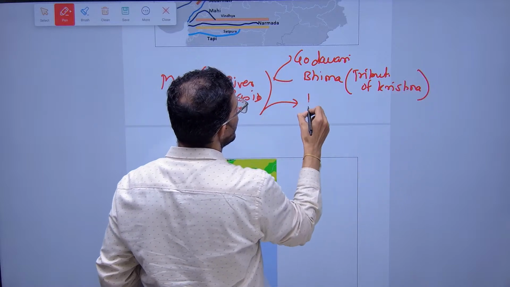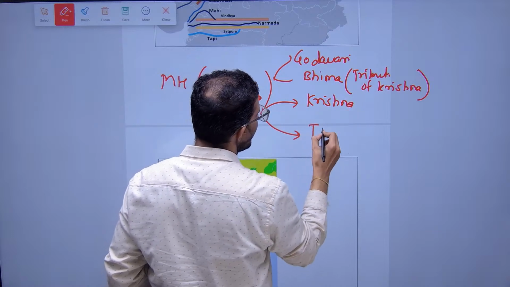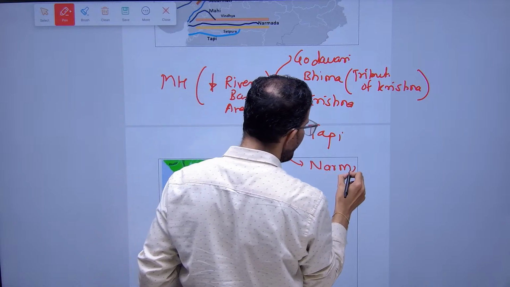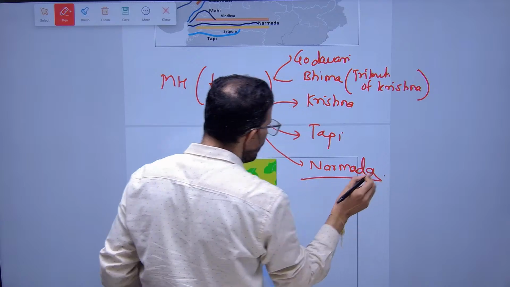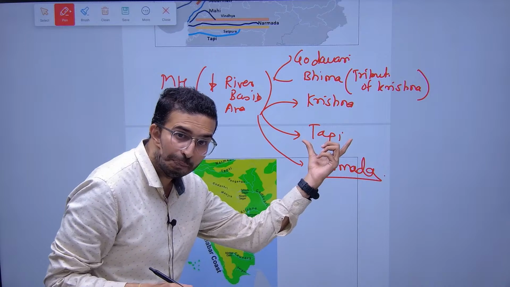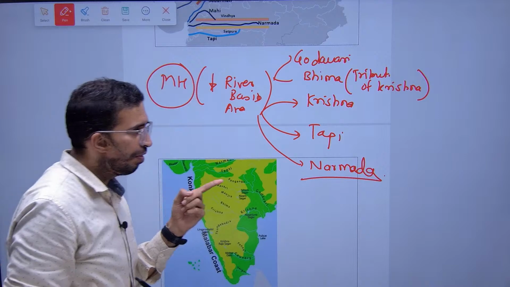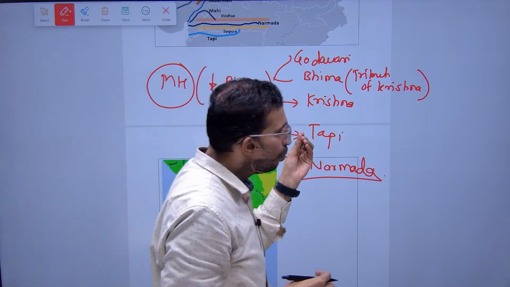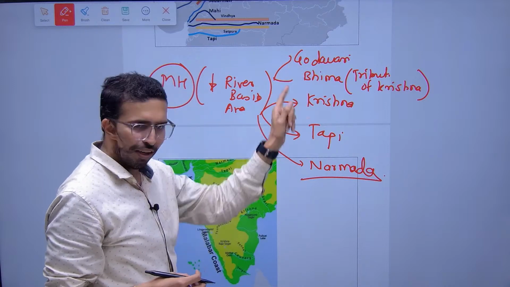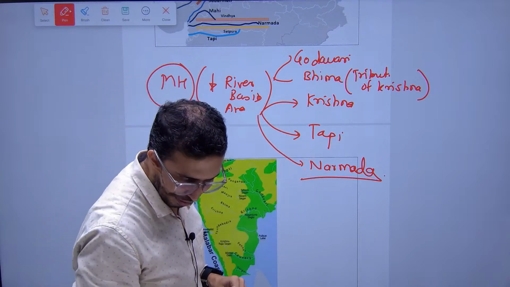Then third one is the Krishna. Then Tapi and then Narmada. We are talking with respect to Maharashtra, because overall Narmada has a larger river basin than the Tapi. But we are saying with respect to Maharashtra, which rivers drain the most area of Maharashtra, and this is a decreasing trend. This is the largest. These are the first five: Godavari, Bhima, Krishna, Tapi and Narmada.